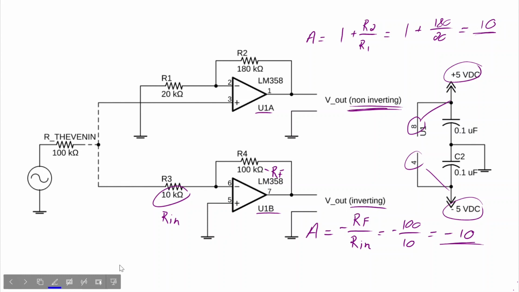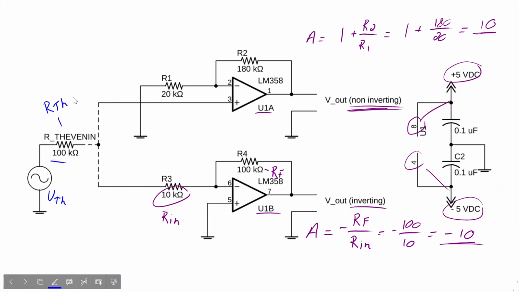With that said, we can get to the heart of our video, and that is the topic of input impedance. Now, you'll notice that we've used a 100K ohm resistor in series with the signal source. You could think of that as V Thevenin and R Thevenin.